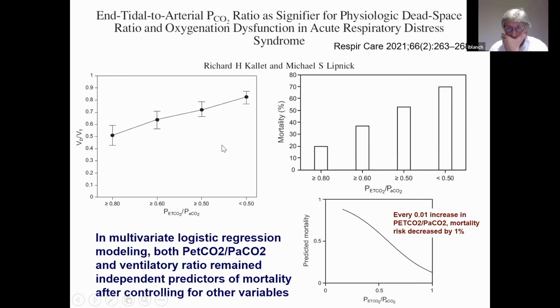And again, this is important because we are trying to find an index at the bedside that can be easily measured, not a little bit complex like the Enghoff measurement, which must be done with a sample of arterial PCO2 and some capnographic measurements.